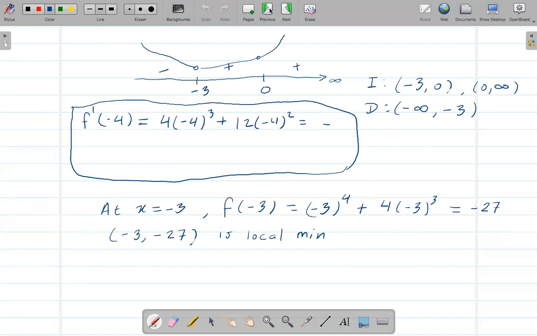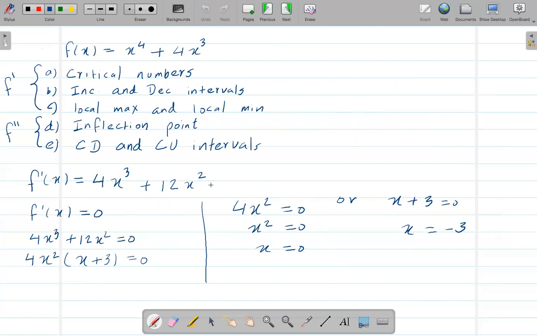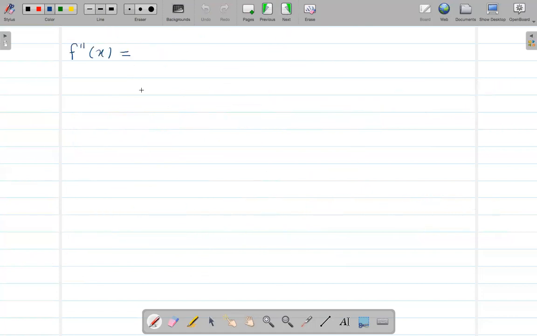So the first derivative we found here is this one. Using that, I can find the second derivative. The first derivative we have is 4x to the power 3 plus 12x squared.